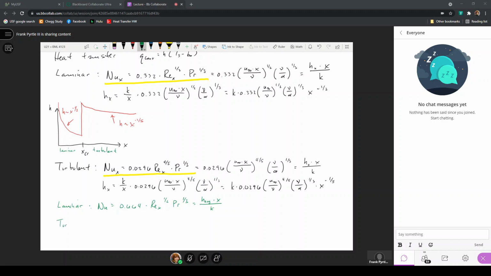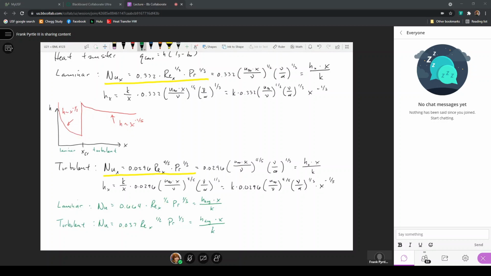For the turbulent flow condition, the average Nusselt number is 0.037 times the Reynolds number to the 1/2 times Prandtl to the 1/3. And so this will be the average heat transfer coefficient times x divided by the thermal conductivity.